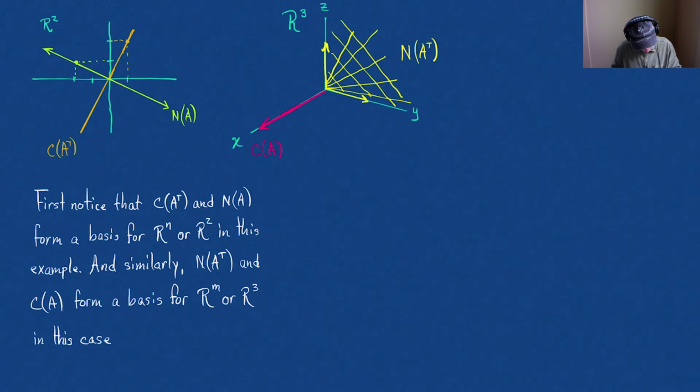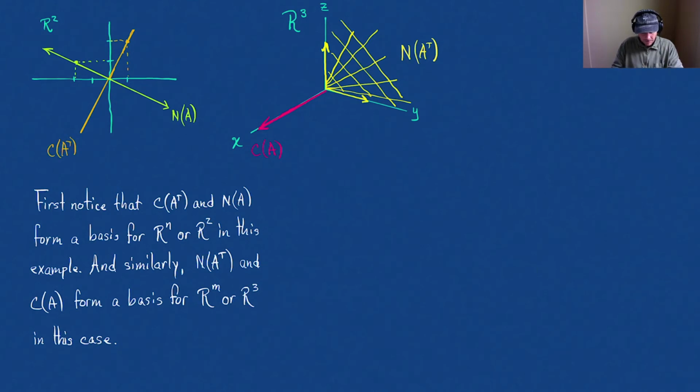Okay, and the idea is that the dimension of the null space of A was 1. The dimension of the row space is 1. Those two numbers should add to the total dimension of the space. Similarly, the column space is dimension 1 because there's one vector in the basis. The null space of the transpose has two vectors in its basis. So 2 plus 1 is 3, and that does cover all of R3.